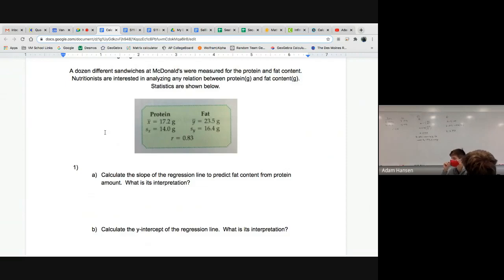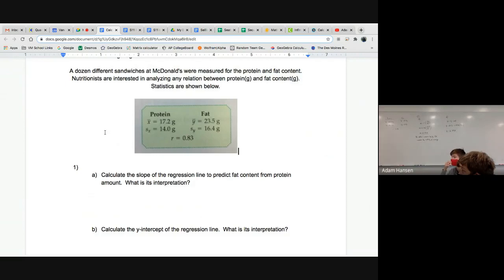We'll just replace x and y with the variables we're using. X is measured with what variable? Protein or fat? X represents what variable? Protein. When the protein amount is 0 grams, we expect the fat content to be about what number? 6.782 grams. For a cheeseburger with no protein, it should have 6.782 grams of fat.